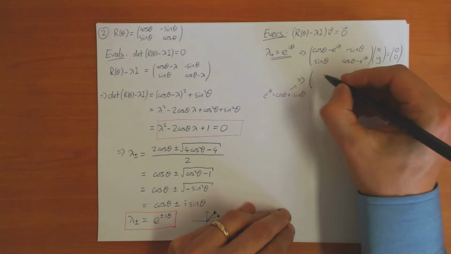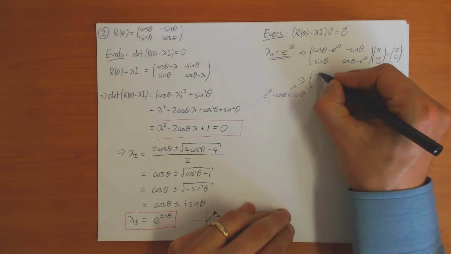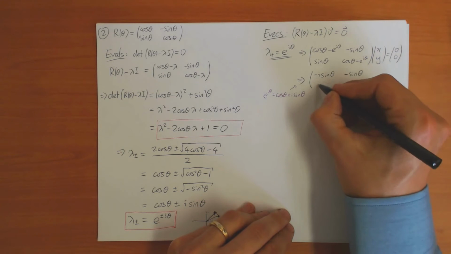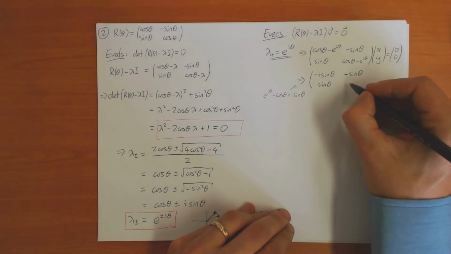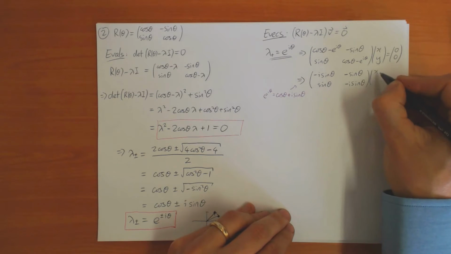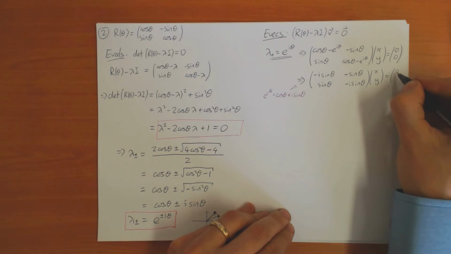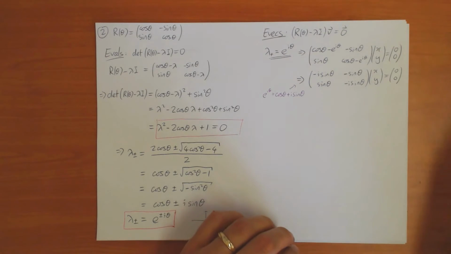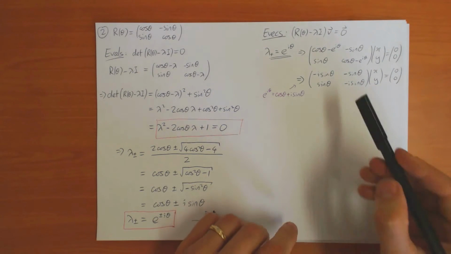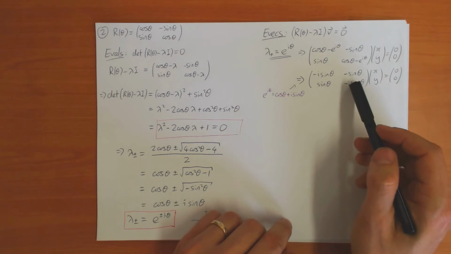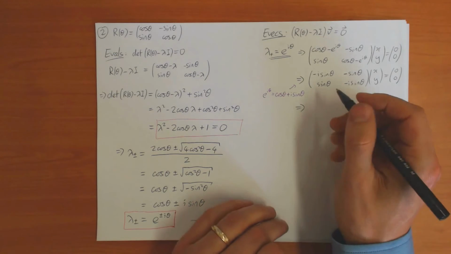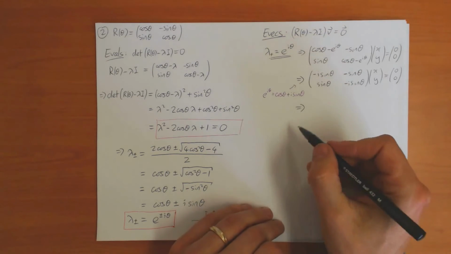So you'll get minus i sine theta, minus sine theta, sine theta, minus i sine theta, times x, y equals 0, 0. Okay, so provided that theta is not equal to 0 or pi, in which case it's trivial because every vector is an eigenvector.